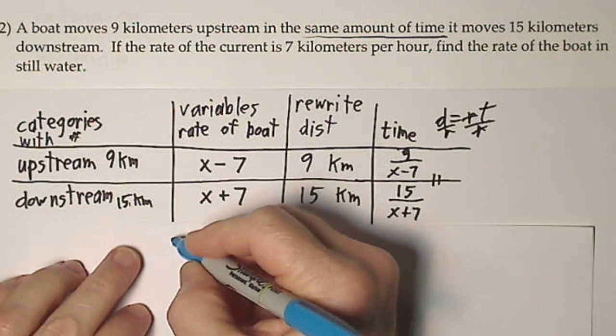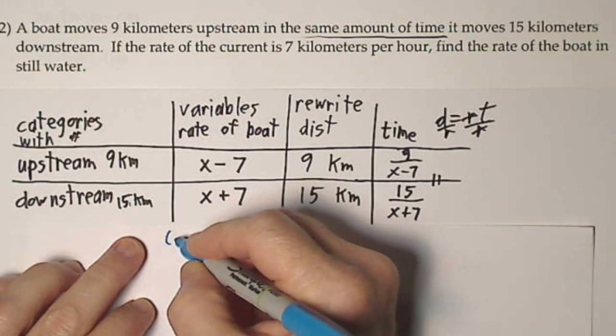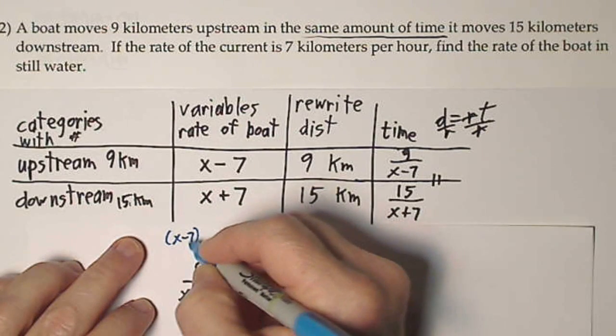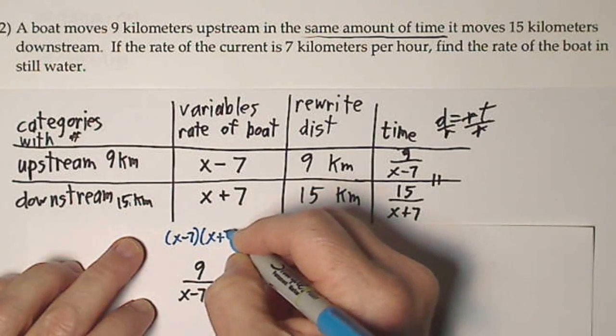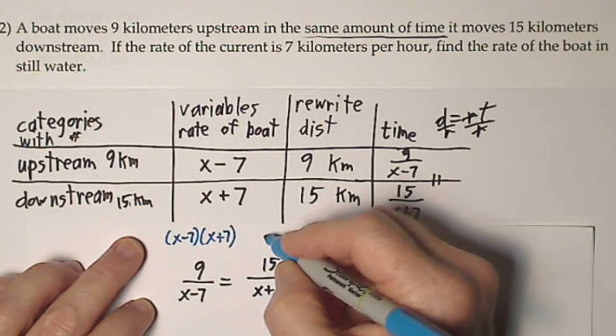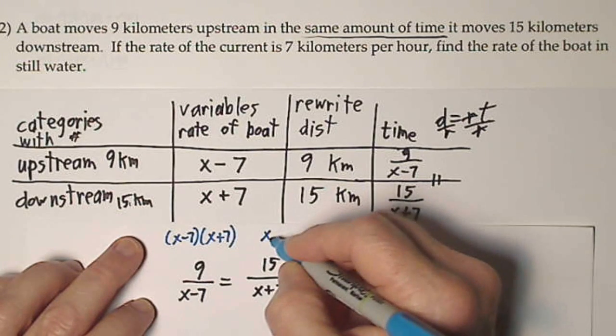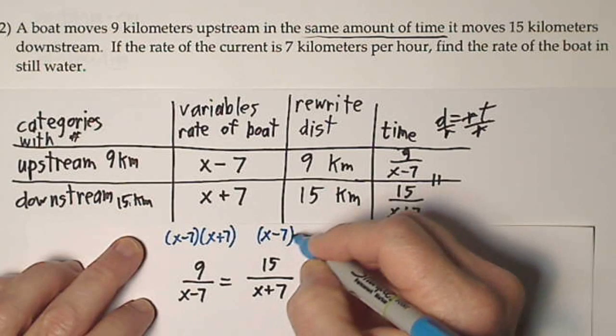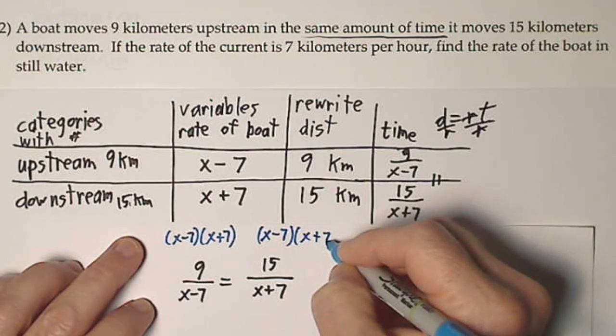Multiply each term by x minus 7, x plus 7. And then this term gets multiplied by x minus 7, x plus 7.